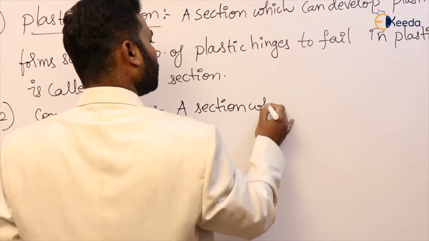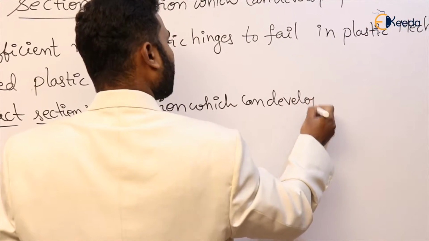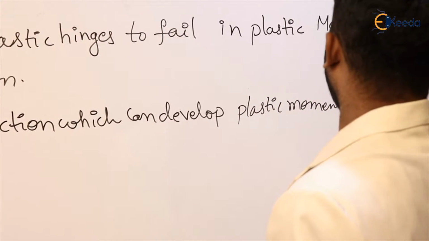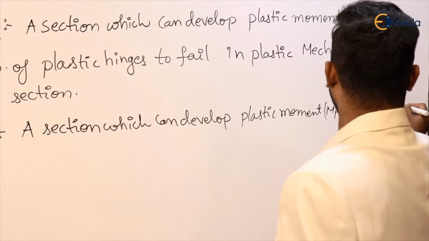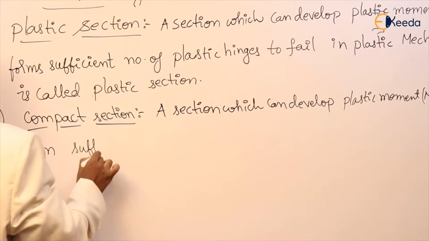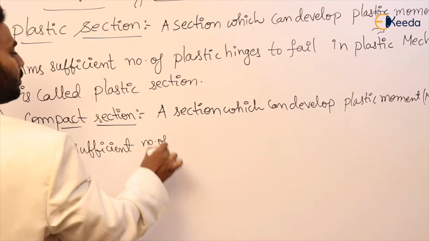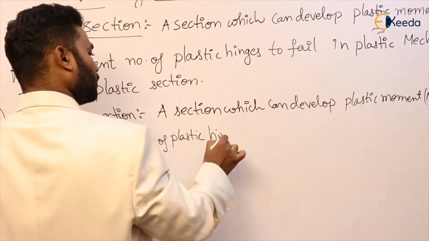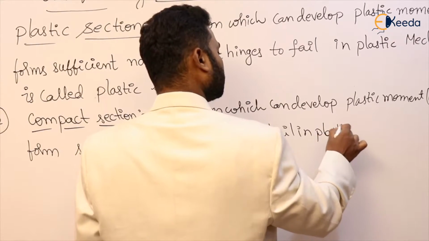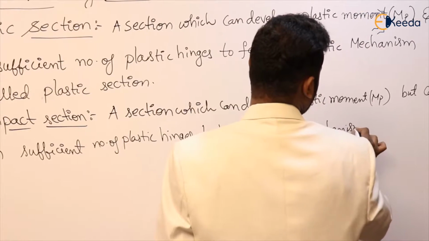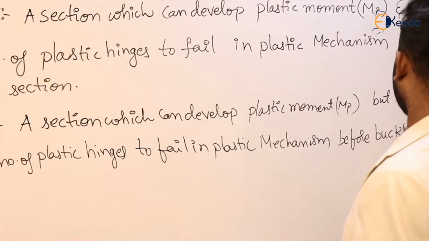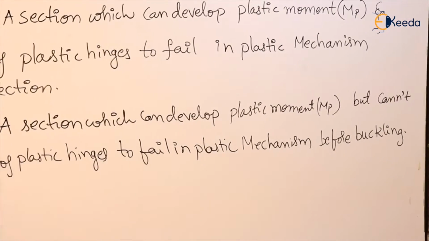A section which can develop plastic moment MP, but cannot form sufficient number of plastic hinges to fail in plastic mechanism, fails before buckling. This is a compact section. So what is the definition of compact section?